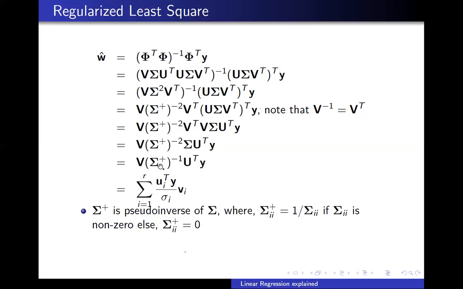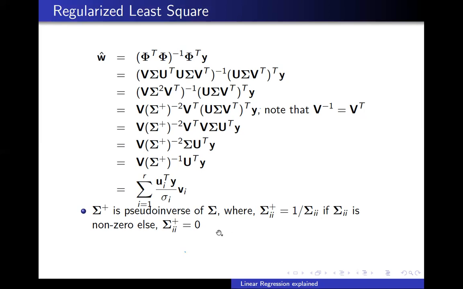And remember, some of these singular values are non-zero and some of them are zero. The ones which are zero do not contribute anything. So essentially, you can represent this as a sum over all the non-zero singular values: u_i transpose y divided by the singular value, times v_i. Here sigma plus is simply the pseudo inverse, so it is 1 over sigma_i if it is non-zero, otherwise it becomes 0.